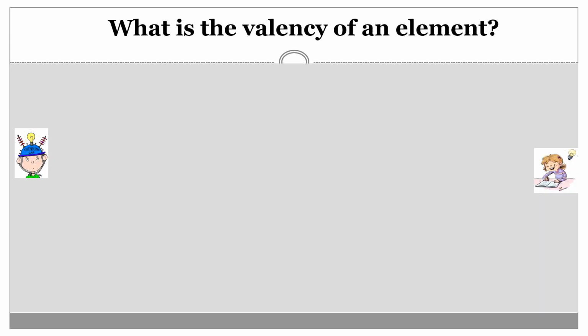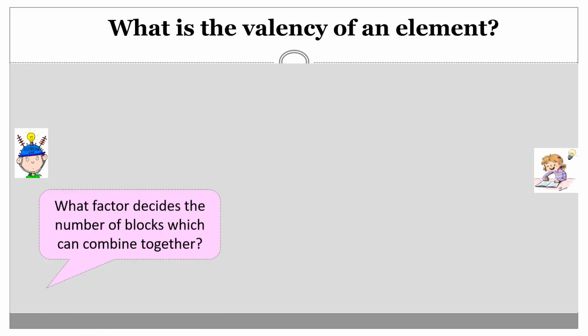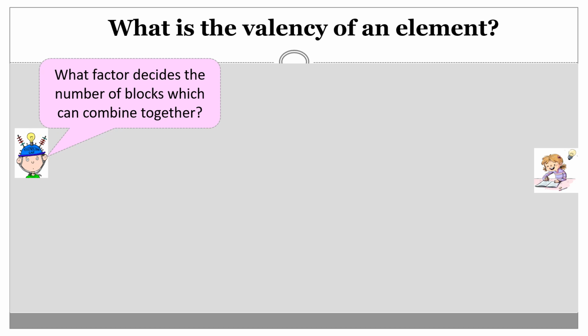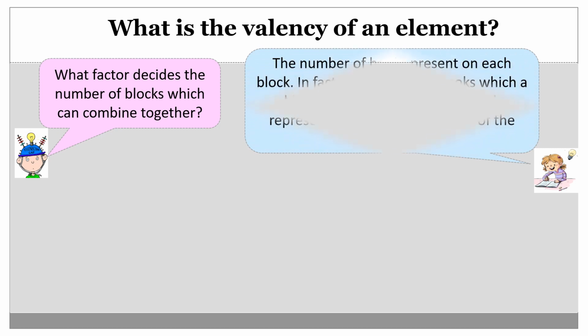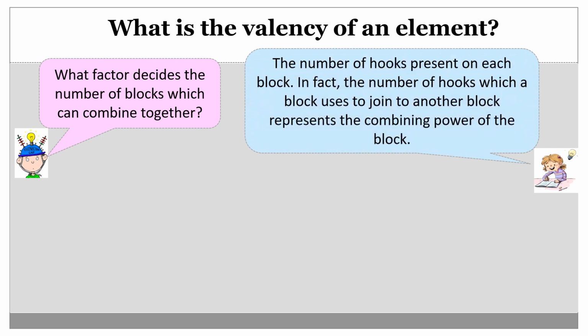After having observed the different combinations of blocks in the previous slide, let us now try to answer this question. What factor decides the number of blocks which can combine together? Yes, you are right.